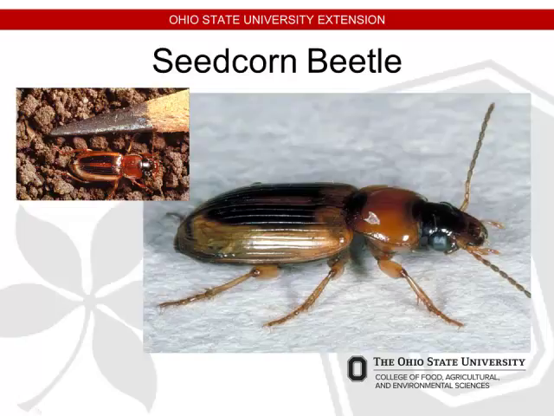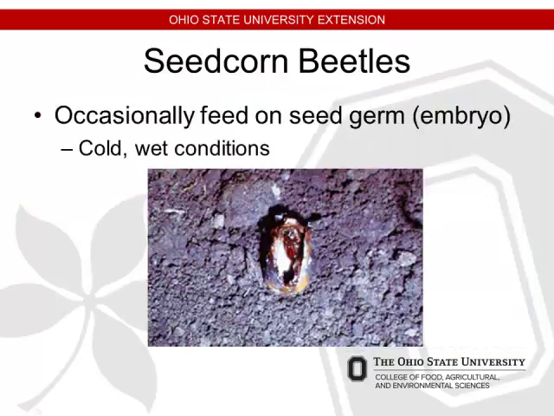And again, you're probably not going to easily see that until you start investigating why you may be missing corn plants in your stand. And when you dig up some of those corn seeds, you may discover a little beetle inside of the embryo area where it has totally consumed the embryo. And again, it's these cold, wet conditions that can slow down the emergence of that seed.